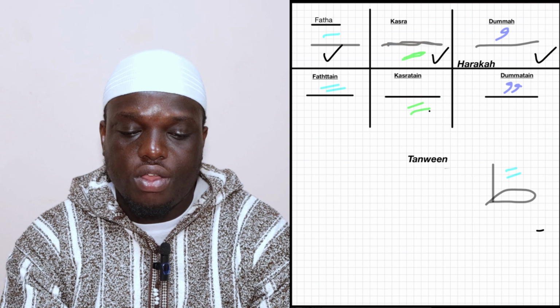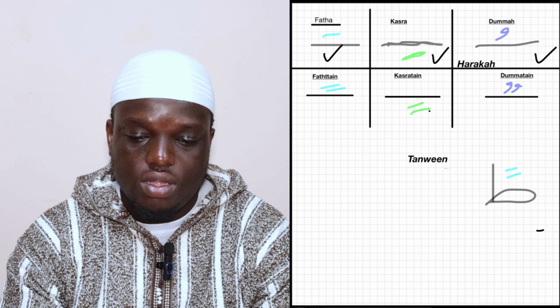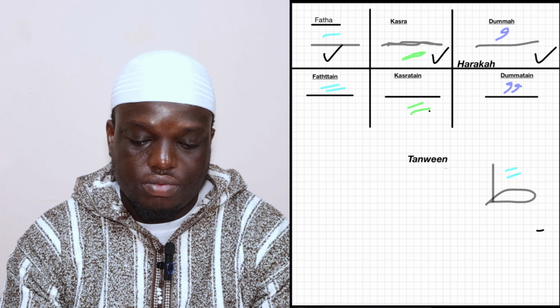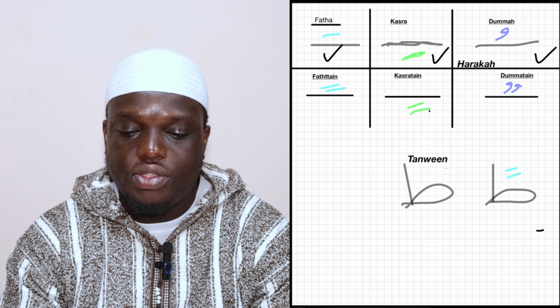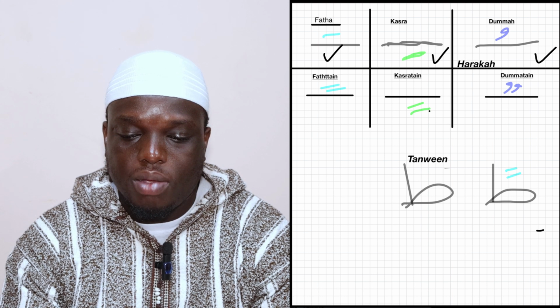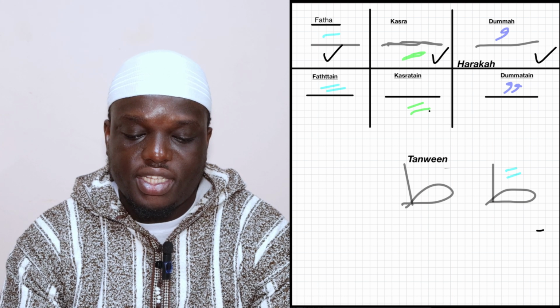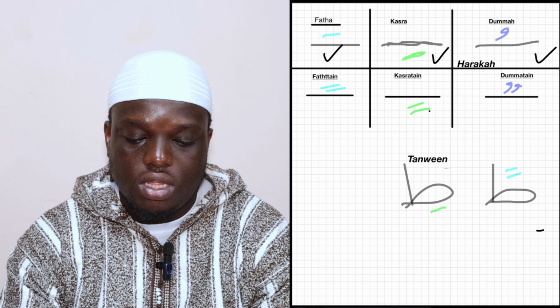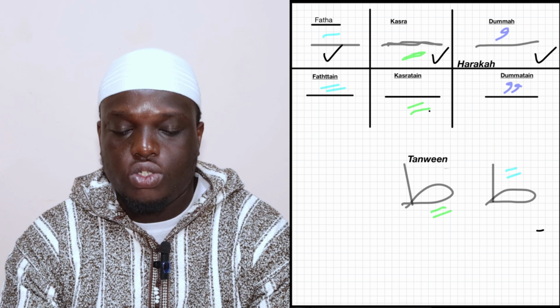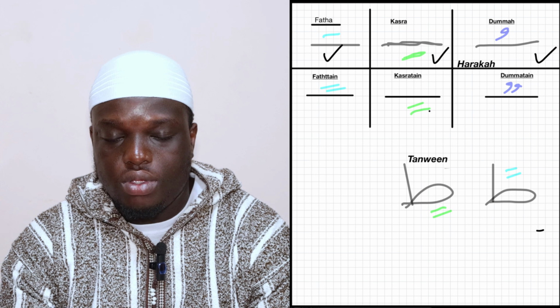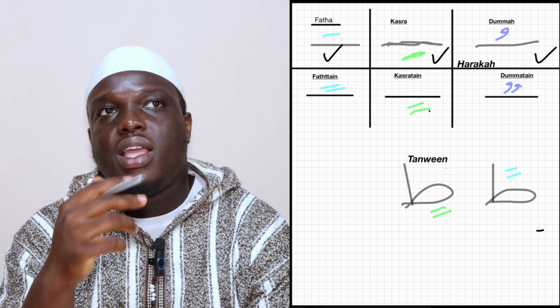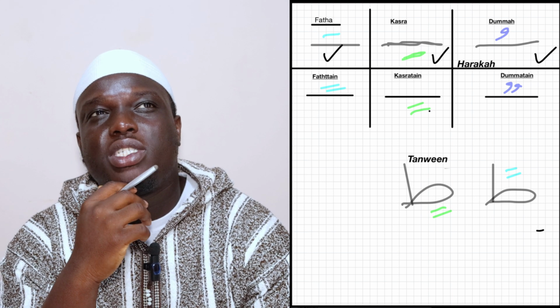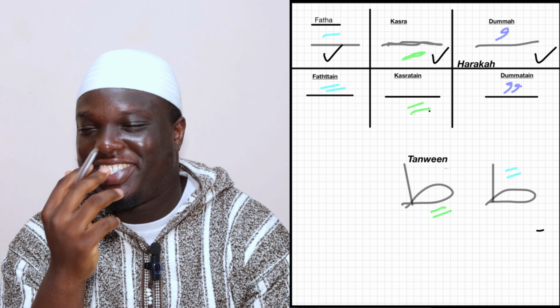So let's use ta. Now I'm going to apply the kasratain sign. Two short lines below. I've been saying vertical this whole time, correct? Horizontal.